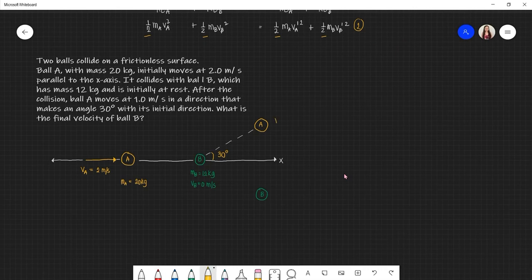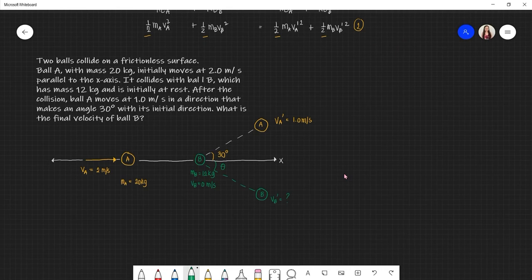Ball A will have VA prime of 1 meter per second magnitude at a direction of 30 degrees north of east, or 30 degrees above the horizontal. For ball B, we don't know the angle it forms with the horizontal. So let's say, for example, it is an angle theta. And we also don't know the magnitude of its velocity.